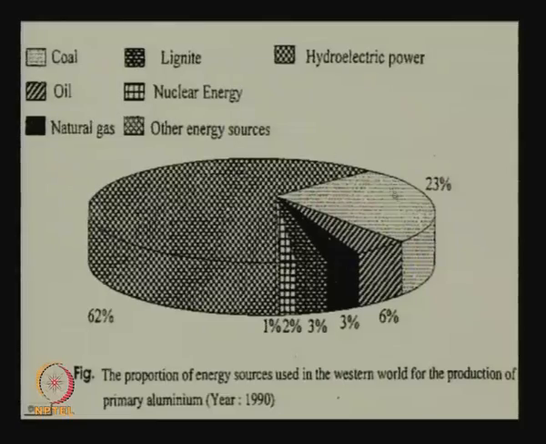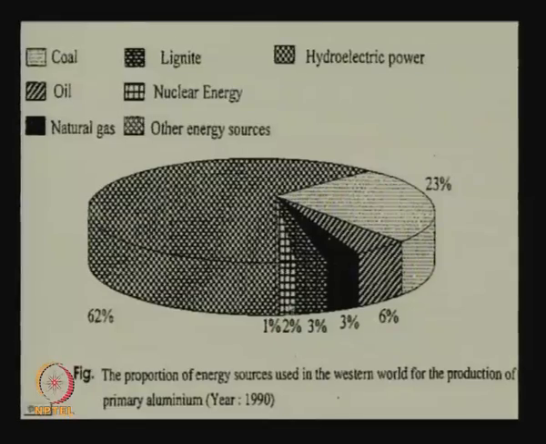First of all, you see thermal power plants will give 23% of the energy being consumed by aluminum plants, starting from Bayer's process to smelters. But there are other sources: oil, natural gas, lignite. Nuclear energy has come into the picture also.